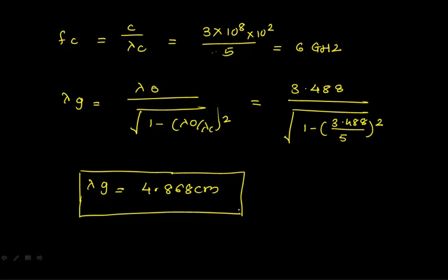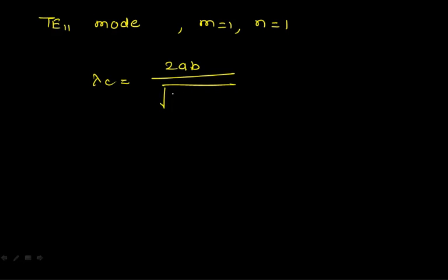Now we have checked these two modes, TE01, TE10. Then we'll talk about the TE11 mode, and then we'll talk about the TM11 mode. So for TE11 mode, I can say my m is equal to 1, my n is equal to 1. So lambda c here will become twice of AB divided by the square root of m square b square, that is b square, plus n square a square, that is a square.